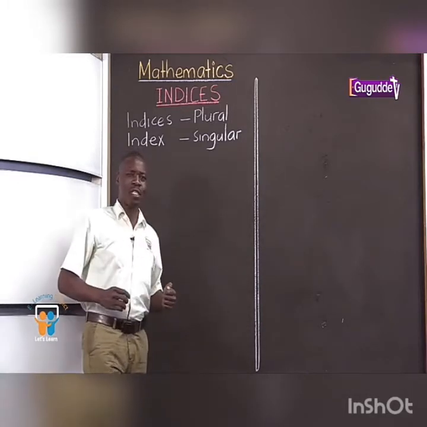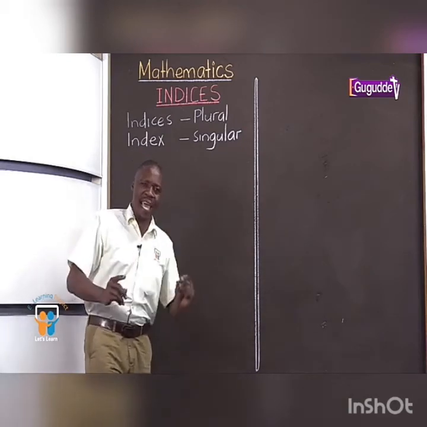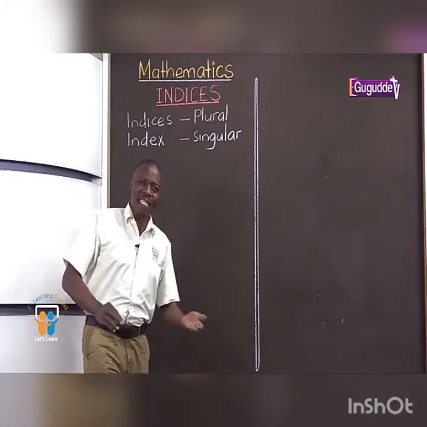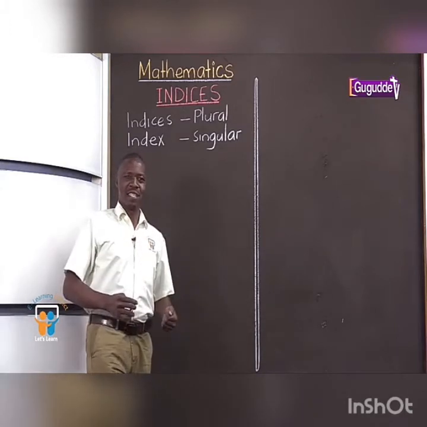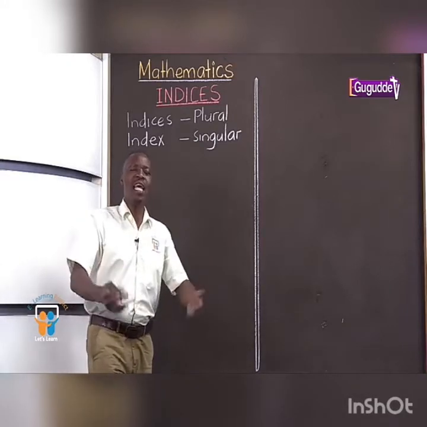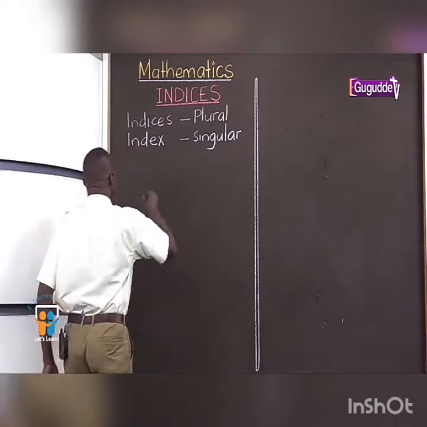So someone has just called and said that all numbers in the form a to the power n, all numbers with the bases and the powers, are in the form of indices, or they come from the family of indices. What am I trying to say?